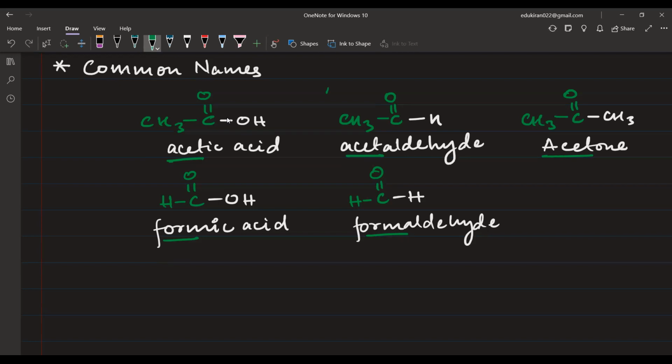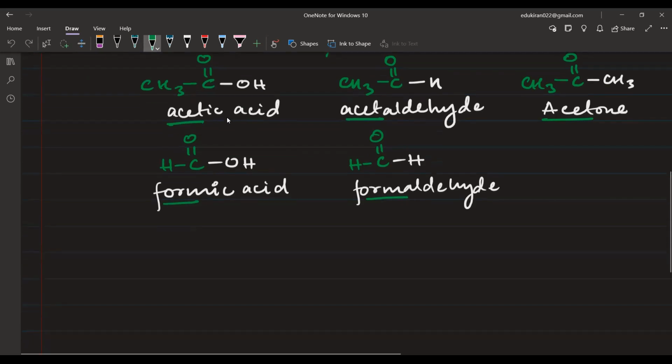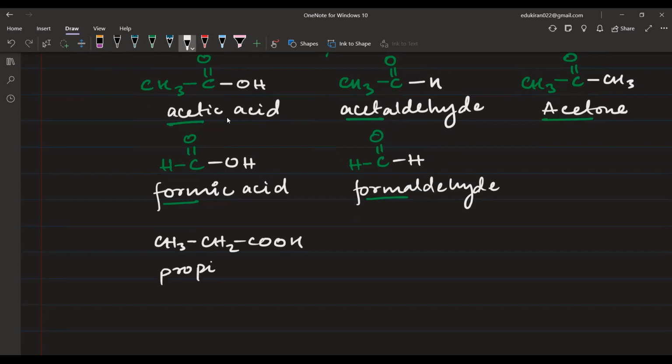Then there are some more. Please write, which are not very important, but they should be there in your notebook so that once you're revising, you go through them. If you have 3 carbon atoms, CH3, CH2, COOH, this is known as propionic acid. If you have CH3, CH2, CHO, then this is known as propionaldehyde.